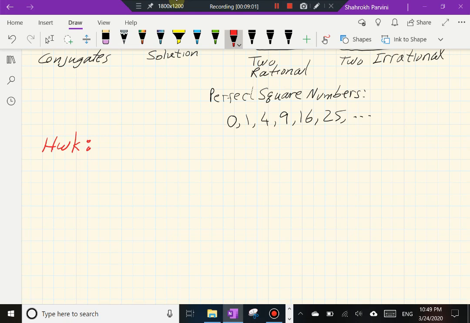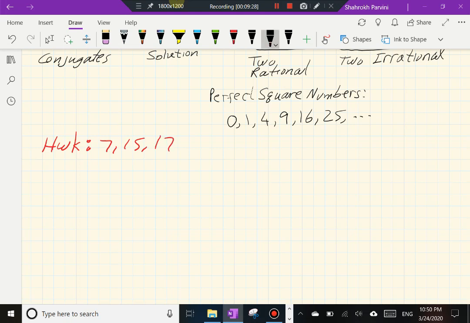So I'll make sure I display an image of the textbook homework problems, and then you can take a screenshot and work through these exercises. Your homework here is numbers 7, 15, and 17.